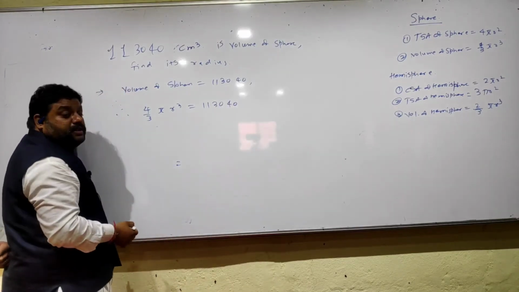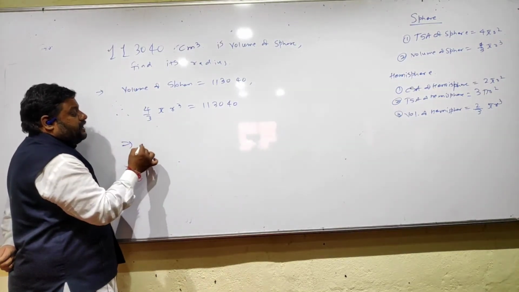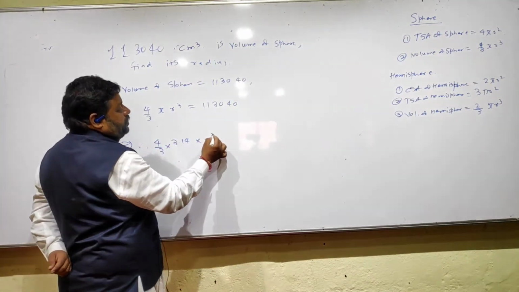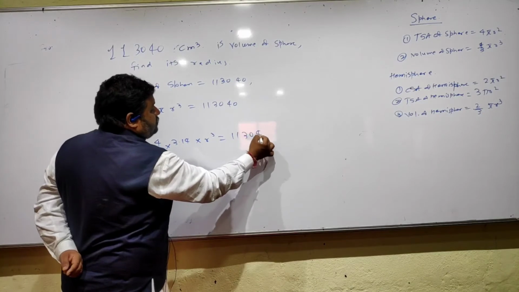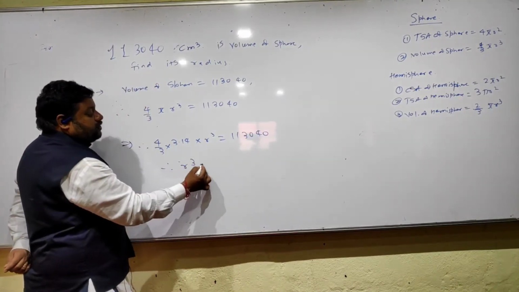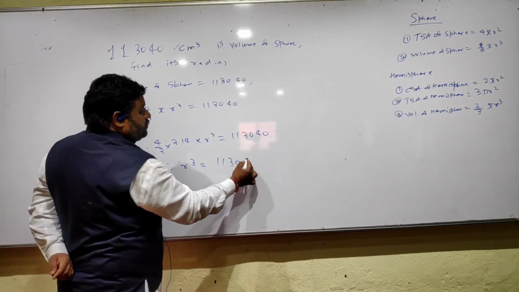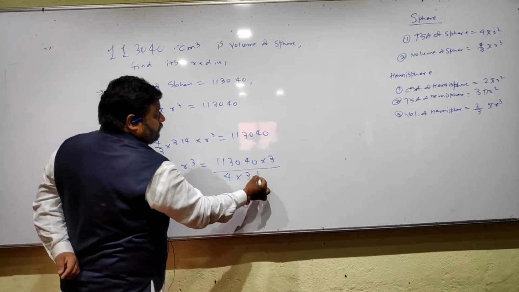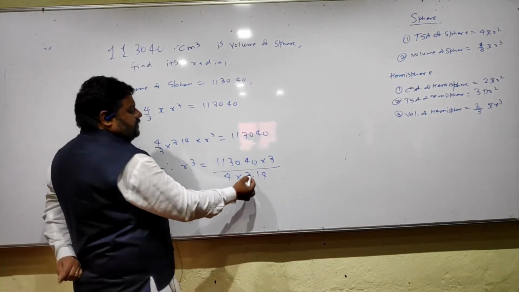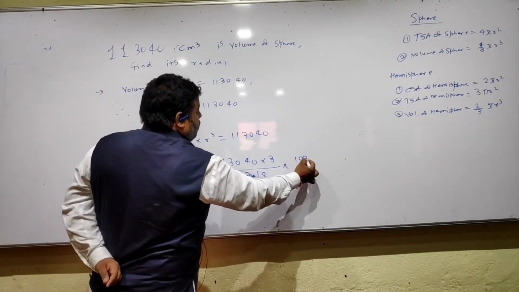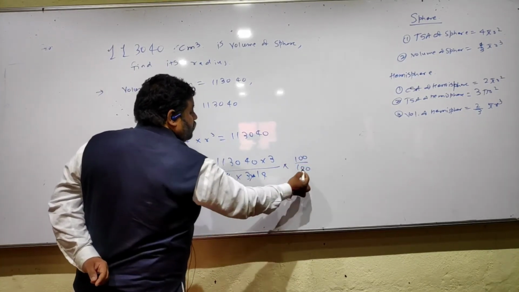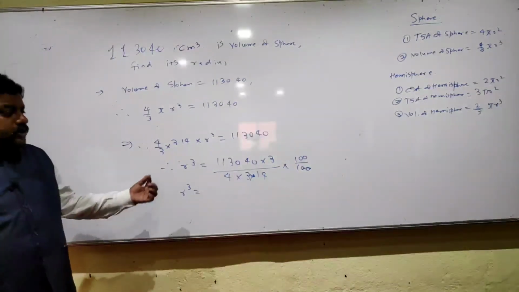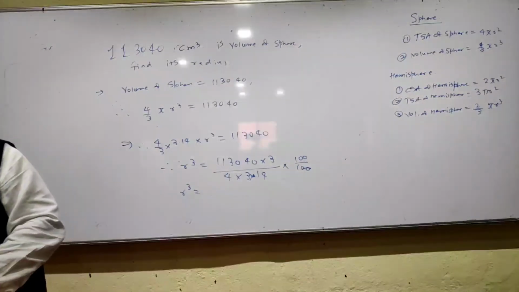Use pi as 3.14, as stated here. Hence 4 by 3 into 3.14 into r cube is 113040. Hence r cube is equal to 113040 multiplied by 3 upon 4 multiplied by 3.14. Yes, you need to multiply by 100 by 100, then check what the answer can be. I will tell you. First of all make a video, pause and try it on your own.